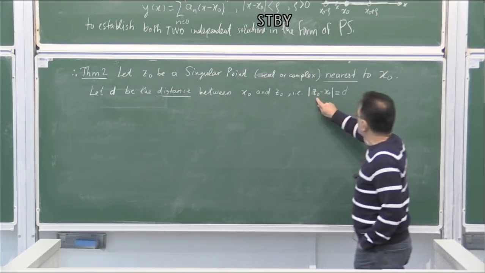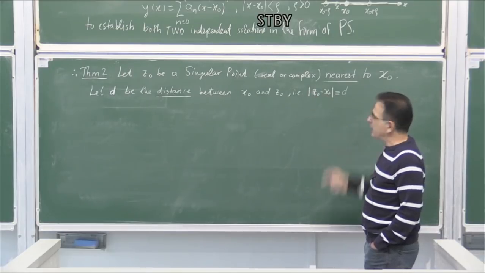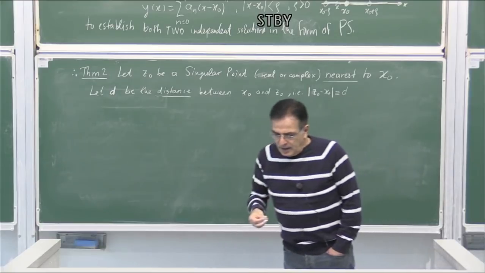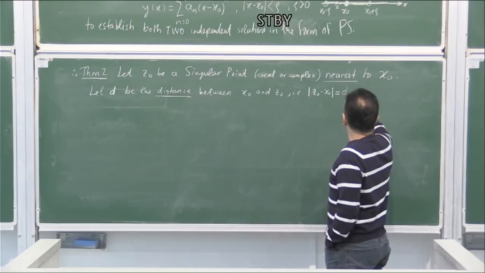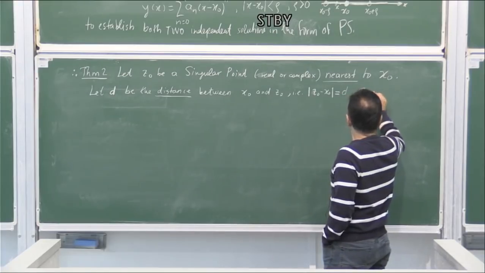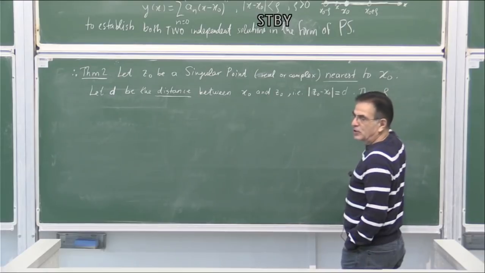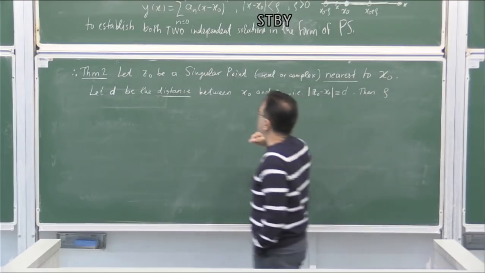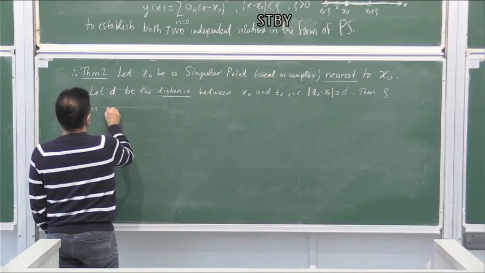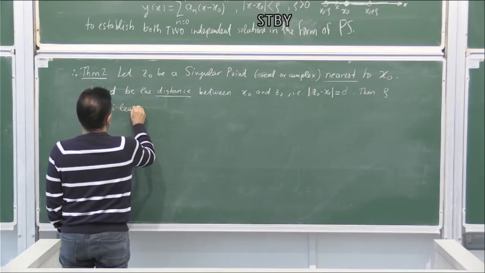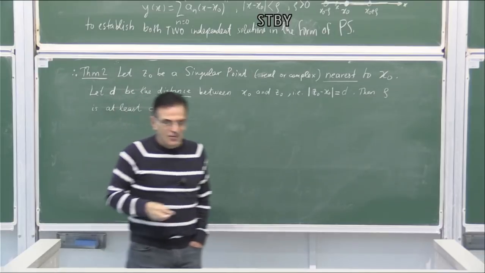So the modulus of this complex number gives us the distance between z0 and x0. Now, this theorem tells us that rho, that is the radius of convergence of the power series solution we propose, is at least d. Okay, very nice.